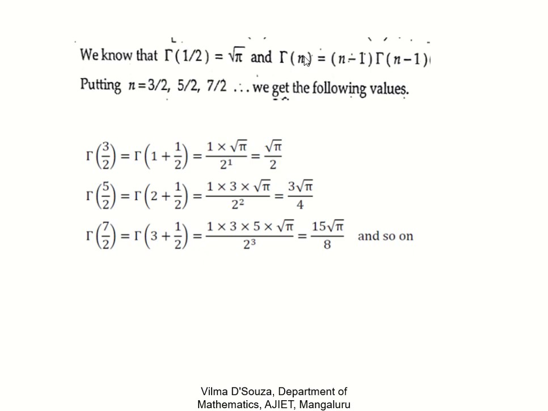Gamma 5 by 2, n minus 1 is 3 by 2, so 3 by 2 into gamma 3 by 2. What is gamma 3 by 2 from this? Half into root pi. So 3 by 2 into half into root pi, that is 3 root pi by 4. Similarly, you can find gamma 7 by 2. All this, just recall which you studied in your previous semester.